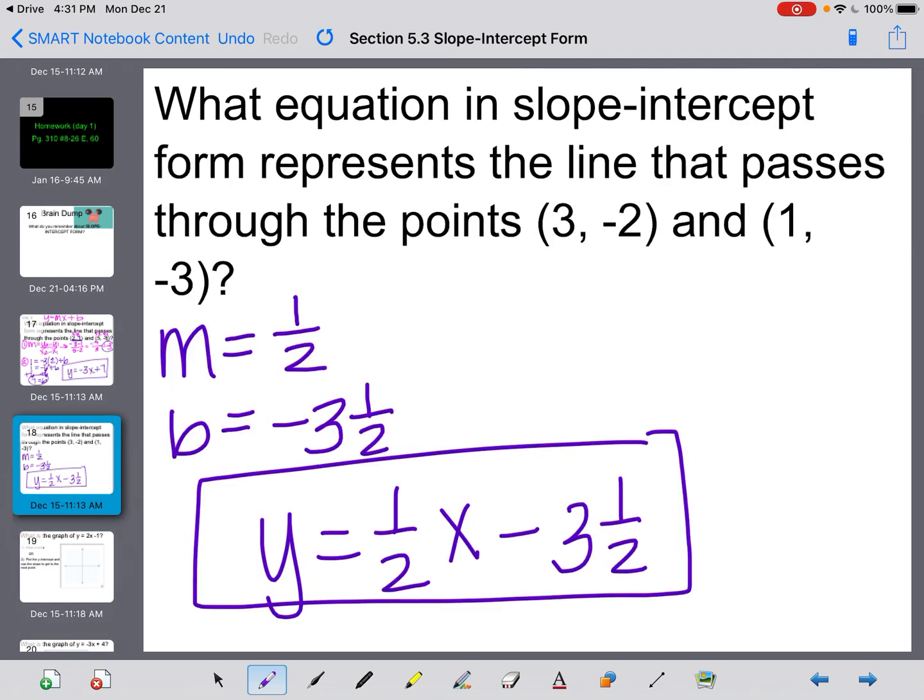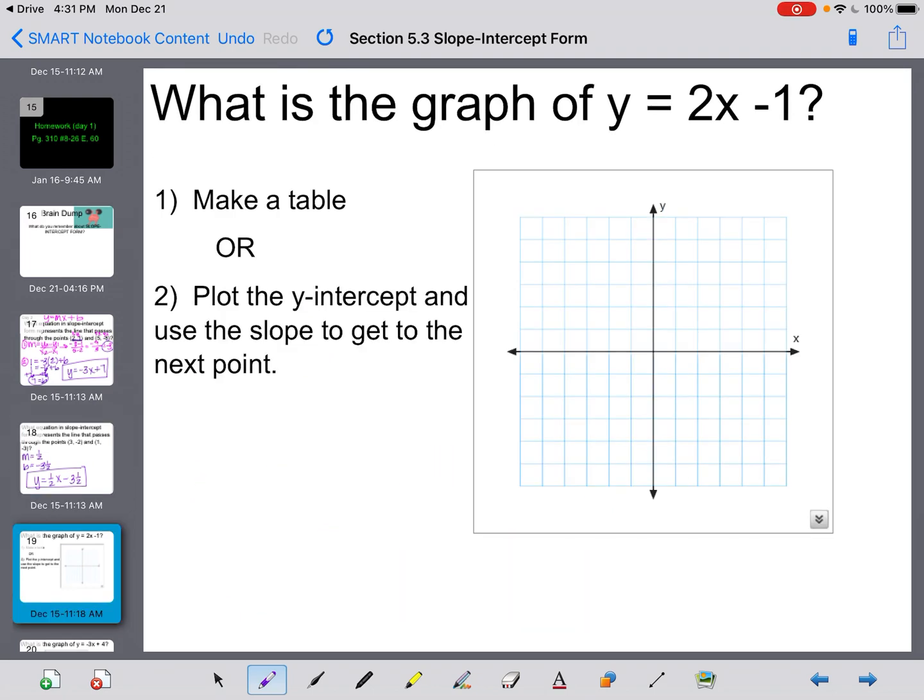All right, hopefully you got the same answer as me. y equals 1/2 x minus 3.5.